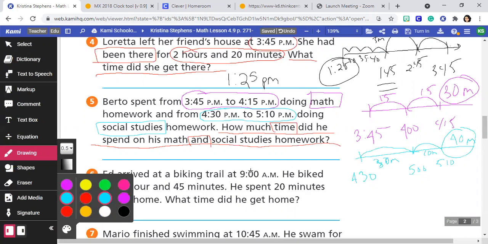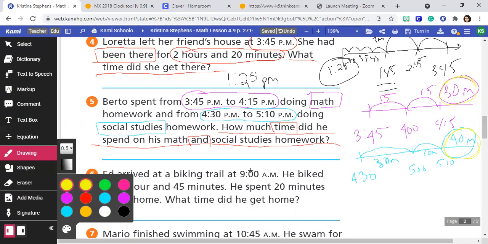The question is, how much time did he spend on his math and social studies homework? So I need to take these two numbers here, the 30 minutes and the 40 minutes, and I need to combine them. Well, 30 plus 40, I'm going to add the lead numbers, 3 plus 4, 7.